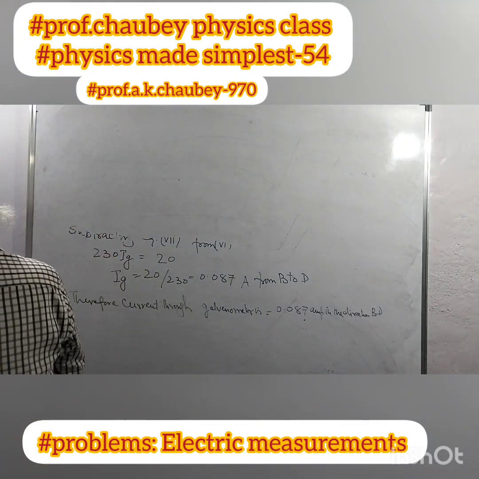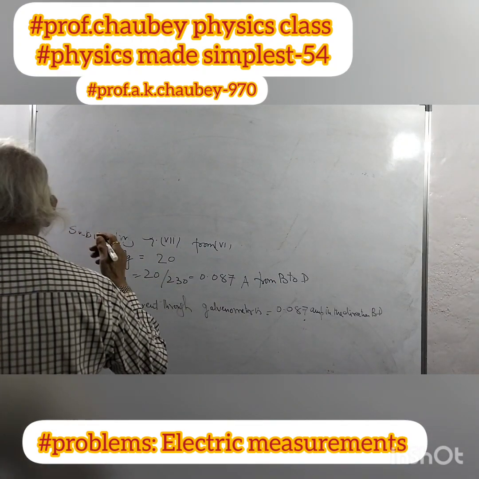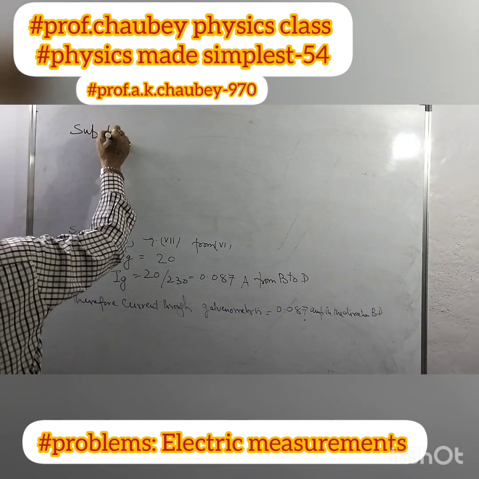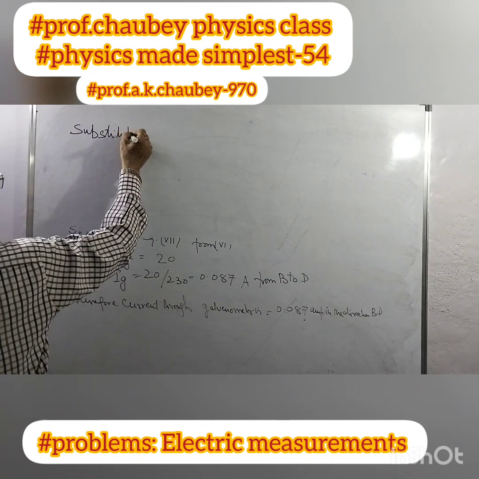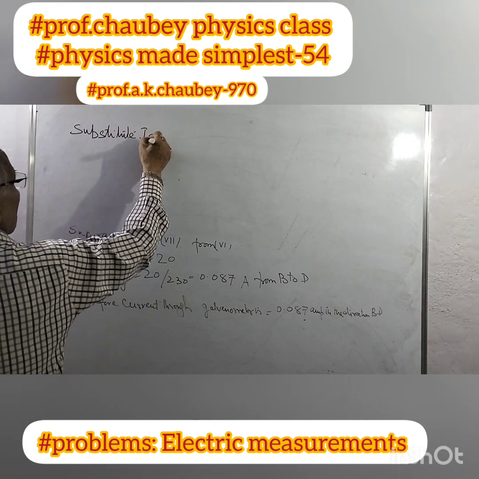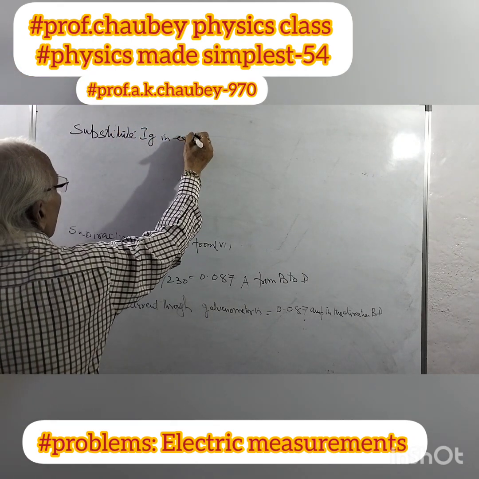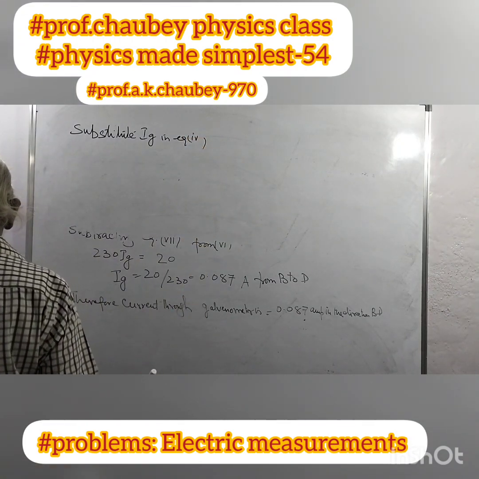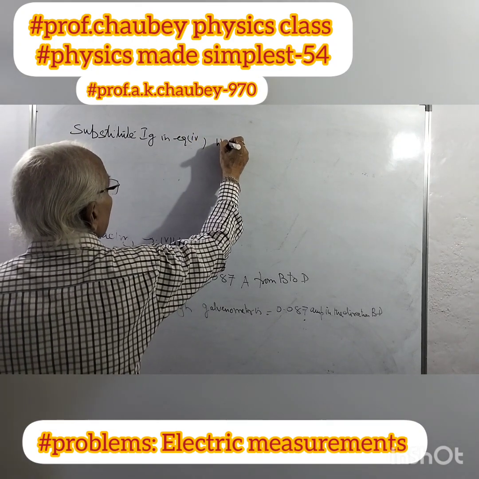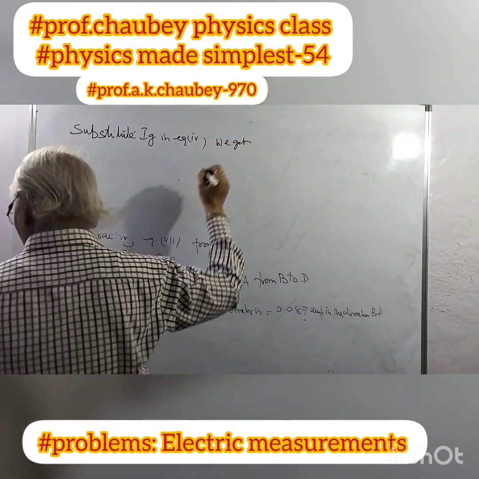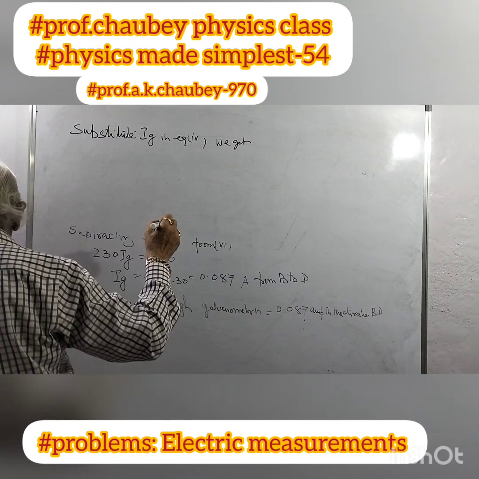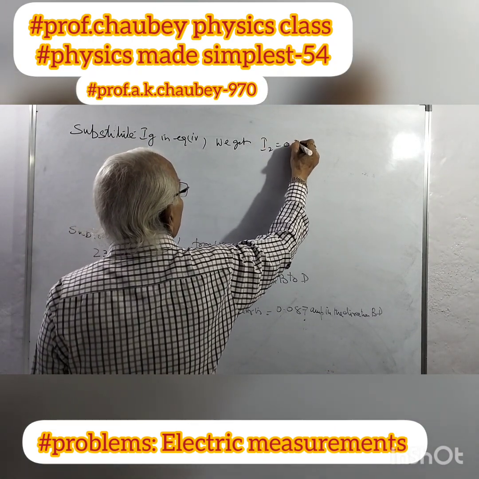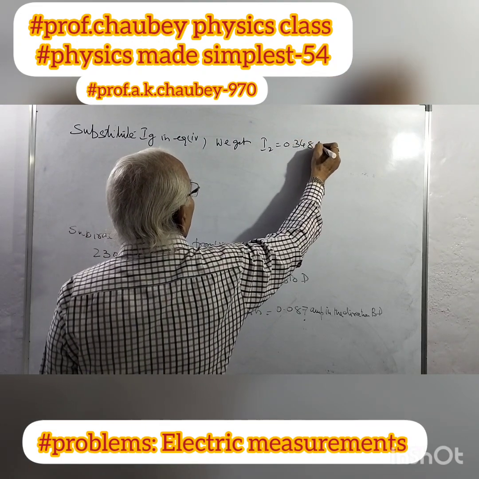Now substituting Ig in equation 4, what you get? We get I2 is equal to 0.348 ampere.